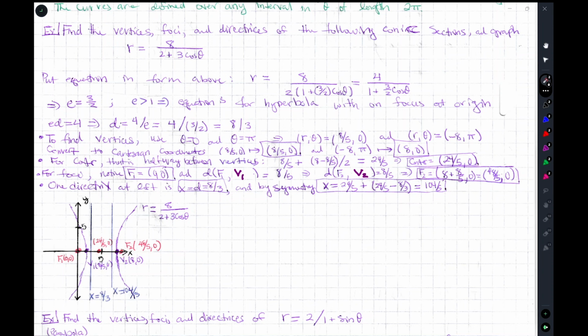And so from that symmetry, you'll start with 24/5 at the center and add the distance from 24/5 to 8/3, okay? Which is the distance to one of these directrices. You'll add that from the center to the other directrix, and you'll get 104/5. And we just basically plotted and found all of our relevant points for this problem.